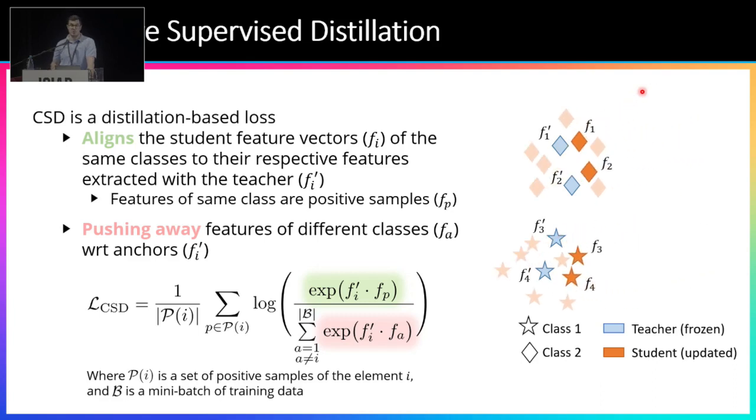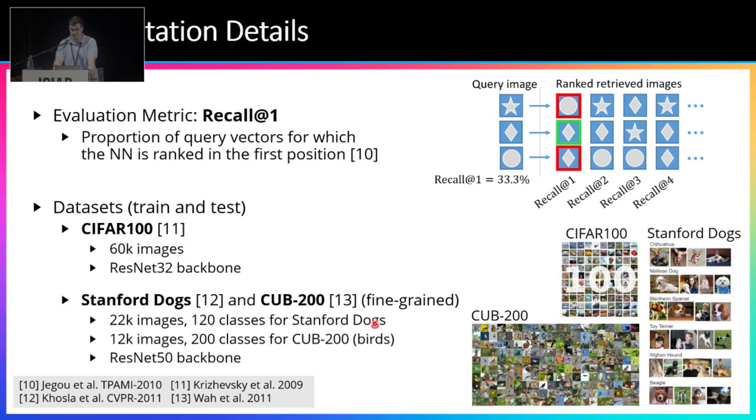And the animation shows how CSD works. More formally, by the formula, you can see that CSD minimizes the cosine distance between each anchor, Fi prime, and its positive samples, while maximizing the cosine distance between the anchor and its negative samples.